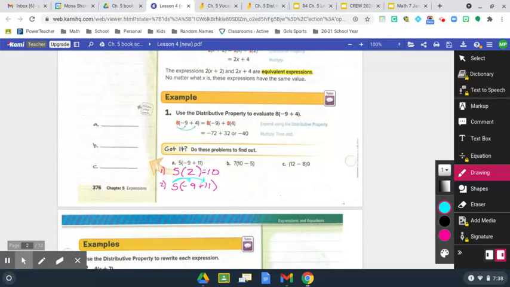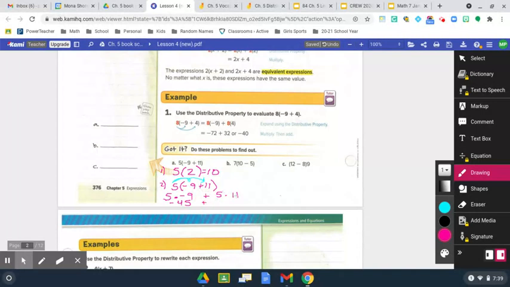So what does that look like? Well, I do 5 times -9, and then I'm going to say plus 5 times 11. So I'm distributing the 5 times the -9 here. Now I have to think about multiplication integer rules. 5 times -9 is -45. One negative when you multiply is negative.